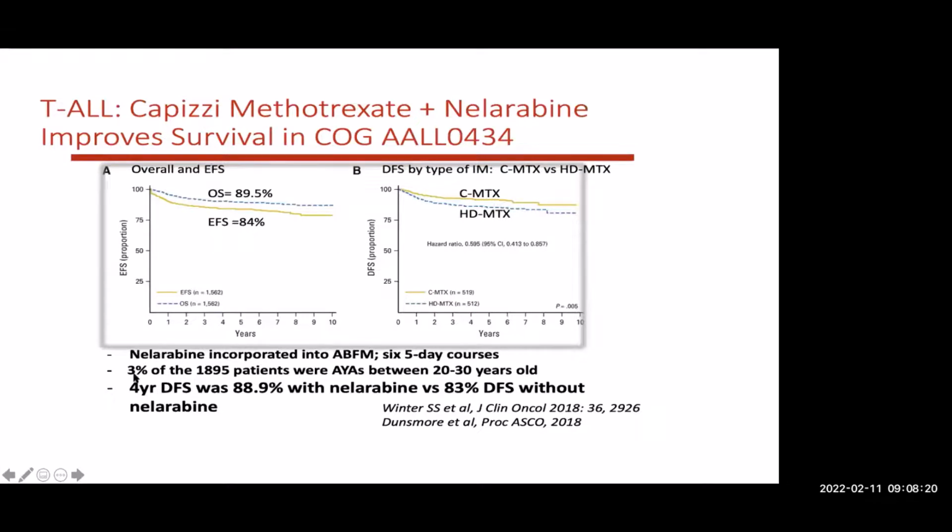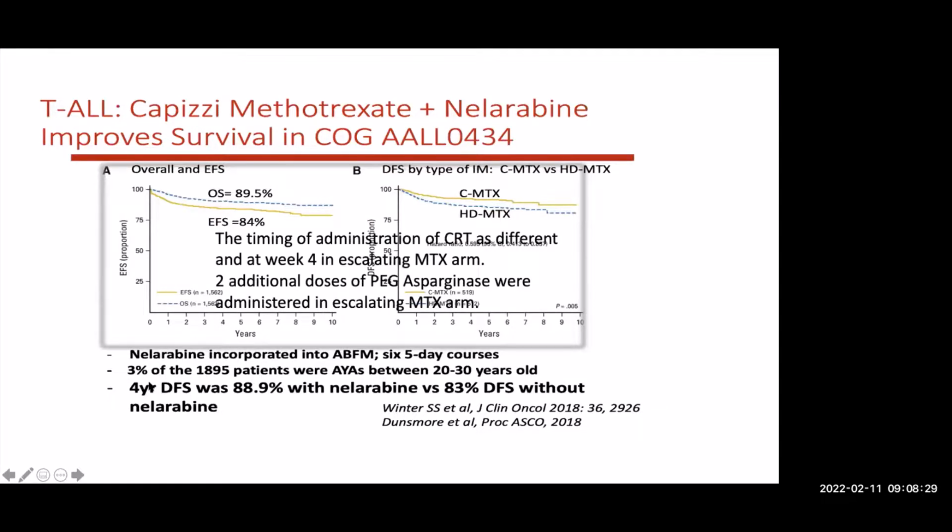However, only 3% of the patients in this trial were adults, and an important caveat of the trial was the administration of cranial irradiation. Patients who received Capizzi methotrexate received cranial radiation at an earlier time point compared with high-dose methotrexate patients, who received cranial radiation 4 months after completion of treatment.